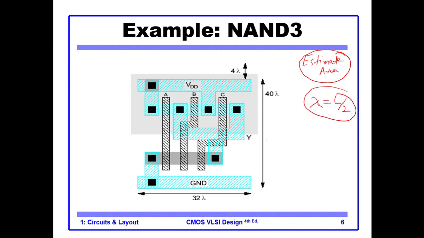As you know, area is just length multiplied by width, so we want to estimate what is L in terms of lambda, n lambda, and what is W in terms of m lambda. We need to find the values of n and m, the multiplicative factors for lambda. So let's start with the vertical one.